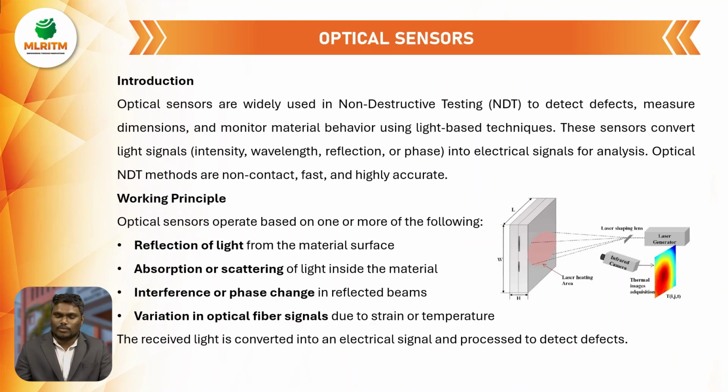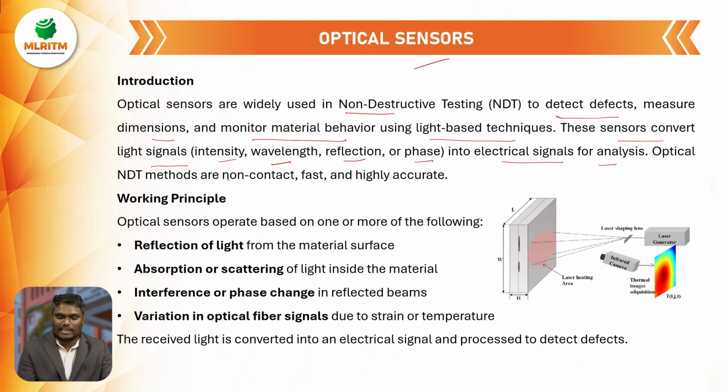The next topic we'll discuss is the optical sensor. Optical sensors are widely used in non-destructive testing to detect defects, measure dimensions and monitor material behavior using light-based techniques. These sensors convert light signals, I mean intensity, wavelength, reflection or phase, into electrical signals for analysis purposes.